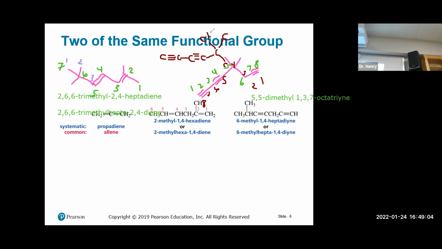This is CH3, CH3, and then this guy has CH2, and then we have carbon, triple bond, carbon. So that's 1, 2, 3, 4, 5, 6, 7, 8.